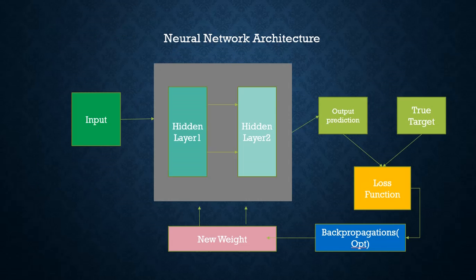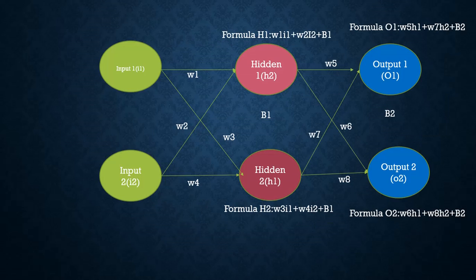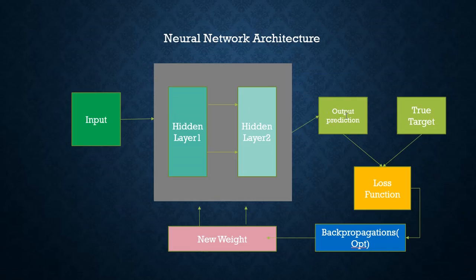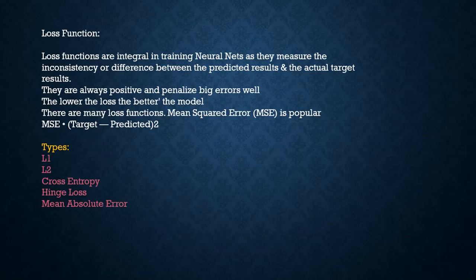If we come to this architecture, here we could see the forward propagation, and we got the output. The next one is the loss function, so now we will see what is happening in the loss function. Loss functions are integral to training networks, as they measure the inconsistency or difference between the predicted results and the actual target results.